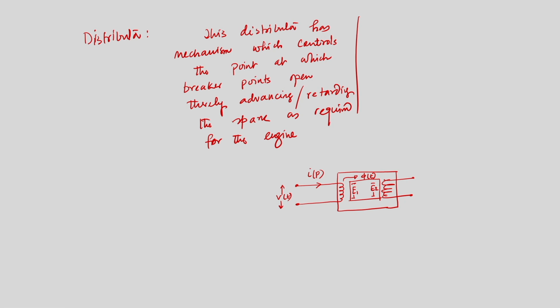this is phi t. So, we can write E 1 is N 1 d phi dt and E 2 is equal to N 2 d phi by dt.